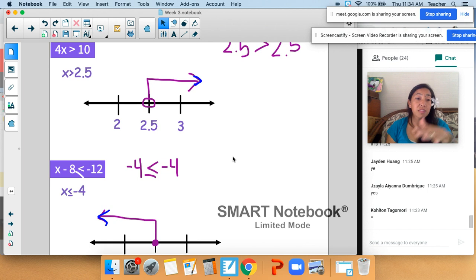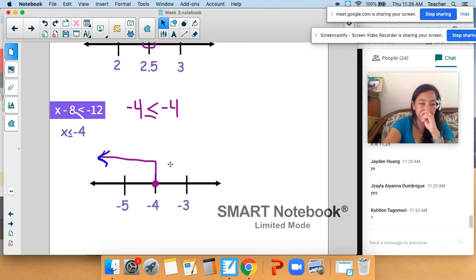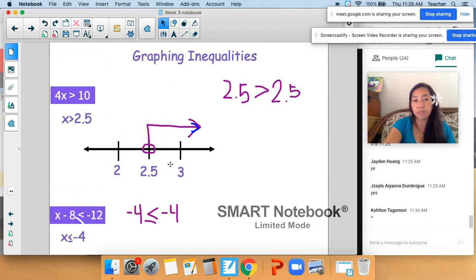That works when your variable is on the left. If your variable is on the right, you have to flip it and rewrite it. But like I said, the other way to do it is you think, is 2 greater than 2.5? Nope, so you don't want to go towards 2. Is 3 greater than 2.5? Yep, so we want to go towards the 3. Those are two ways that you can graph it.